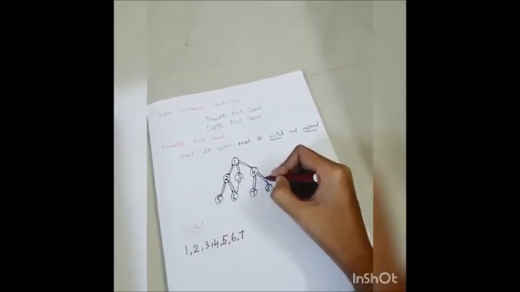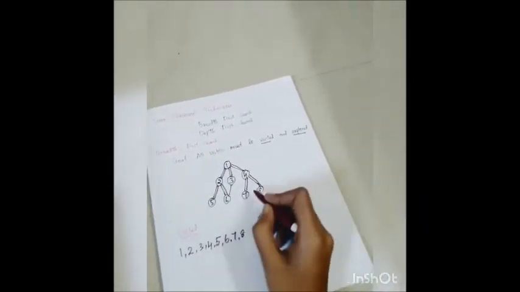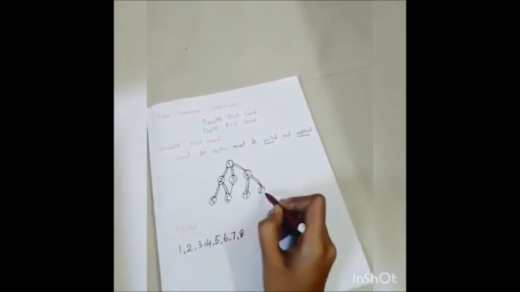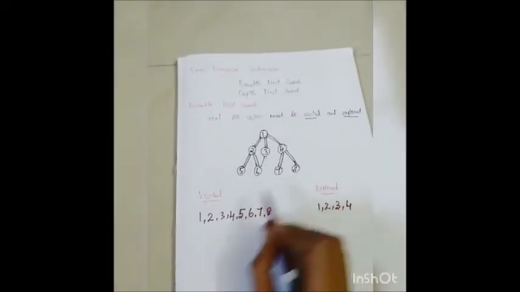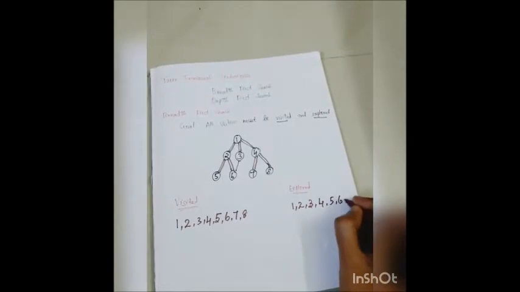Then I will go to vertex 8. Now adjacent vertices for vertex 4 have been visited. Now 4 is explored. Since 5, 6, 7, 8 have no adjacent vertices, these vertices are explored.